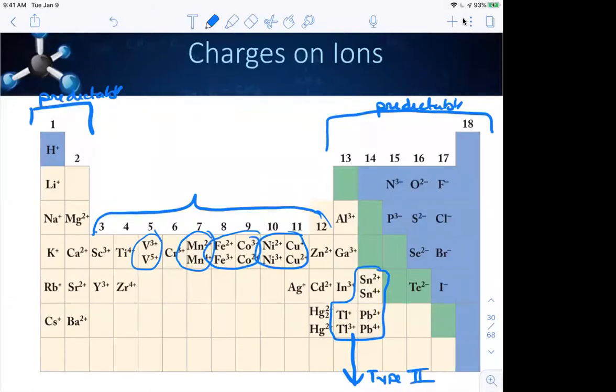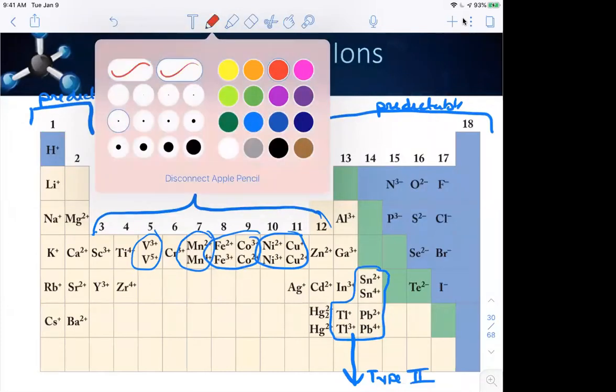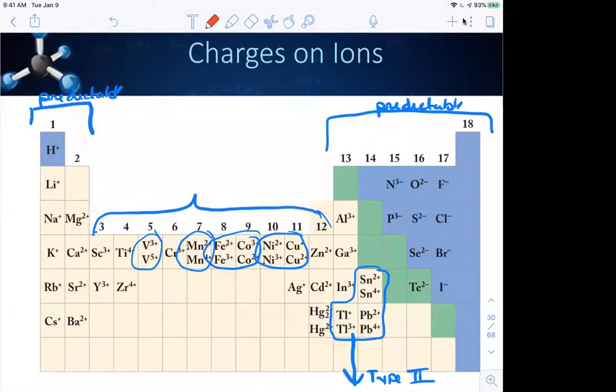There are also a few of my transition metals, like zinc, or like silver and cadmium and scandium, right? These are going to be type 1 metals because they only ever form one charge.